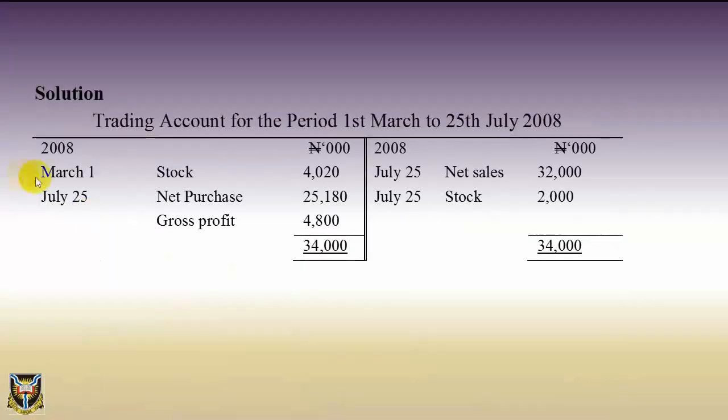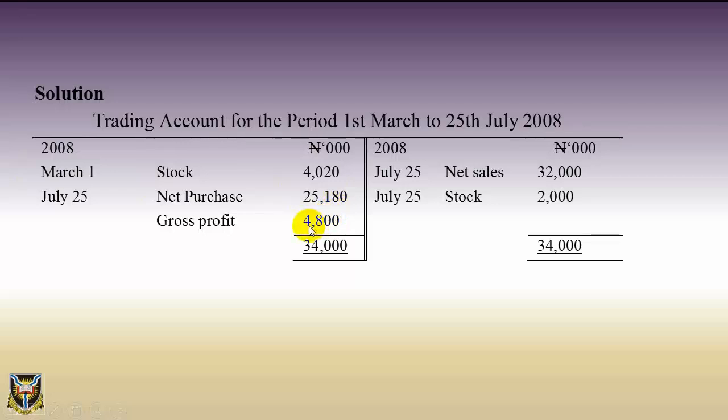Solution. Trading account for the period 1st March to 25th July 2008. In Naira. March 1, stock 4,020. July 25th, net purchase 25,180.